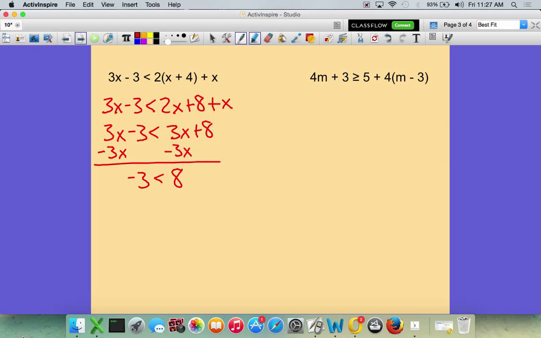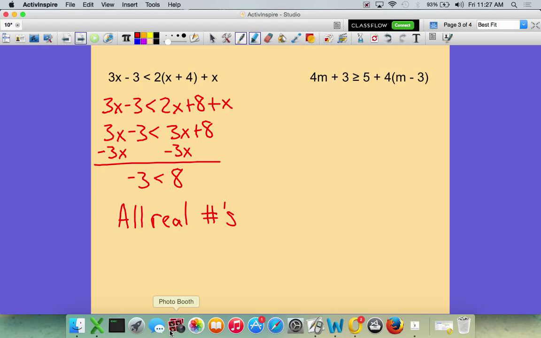Well, we have to look at what our answer is here. Negative 3 is less than 8. Is that true? Yes, negative 3 is less than 8. So because that's true, we have two different options here to choose from. When it's true, then that means our answer is going to be all real numbers.